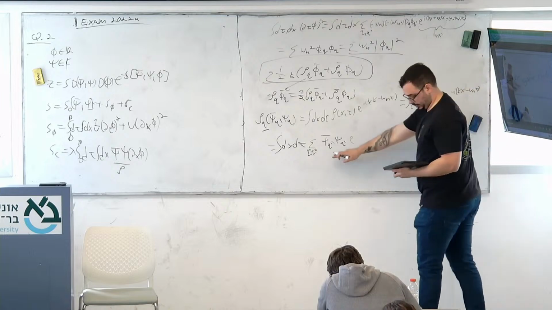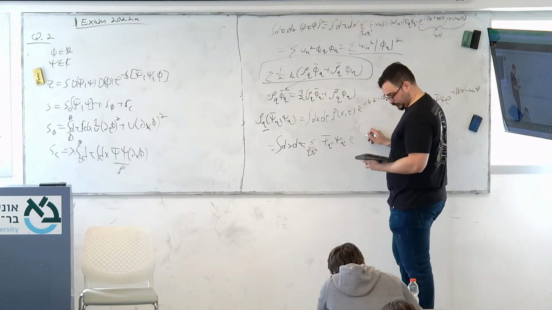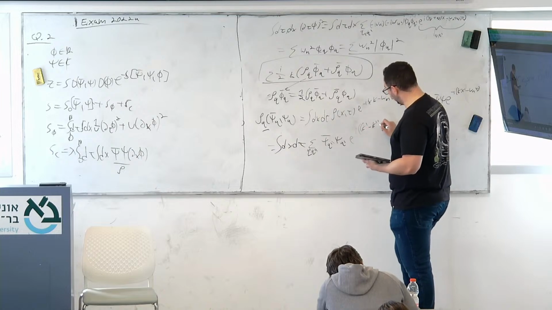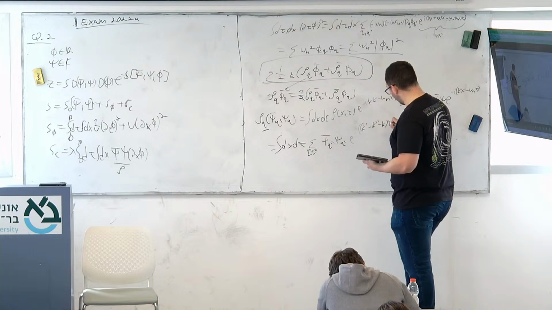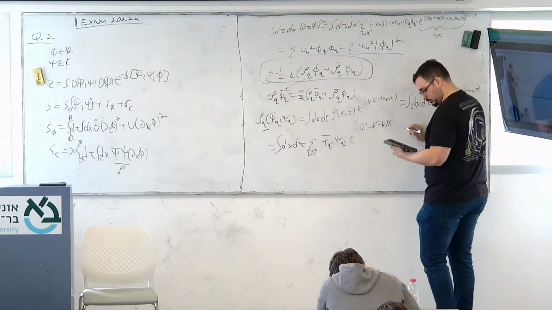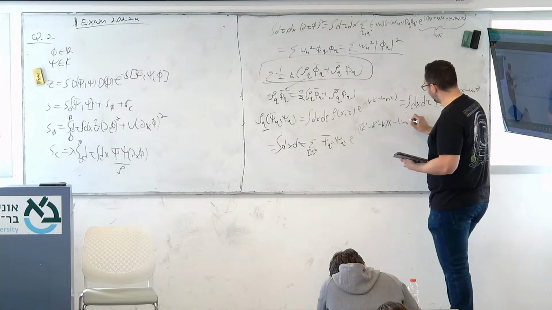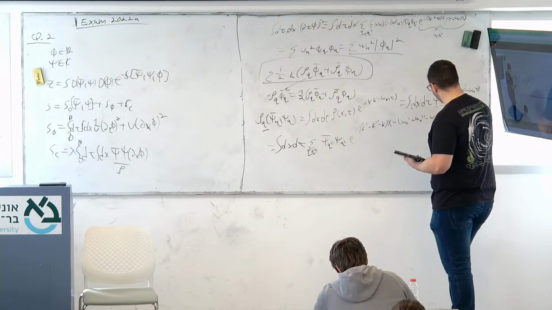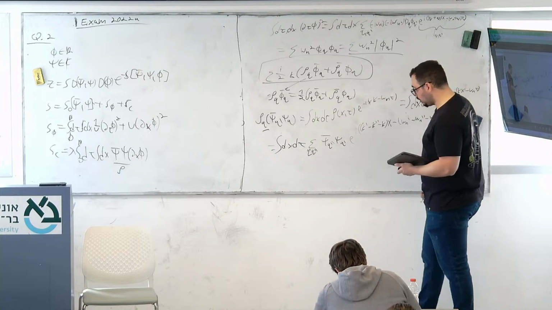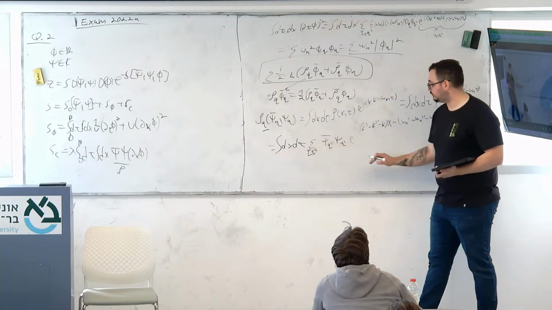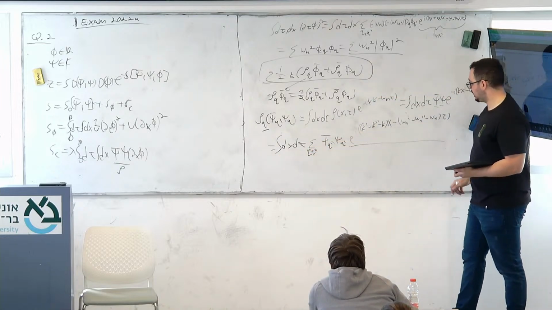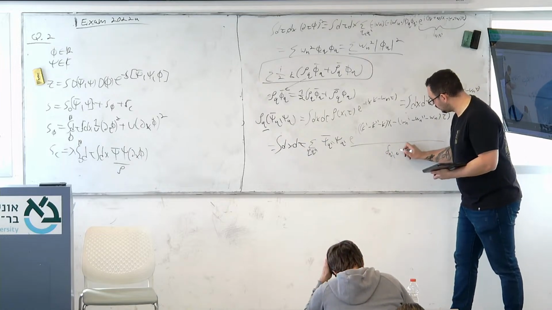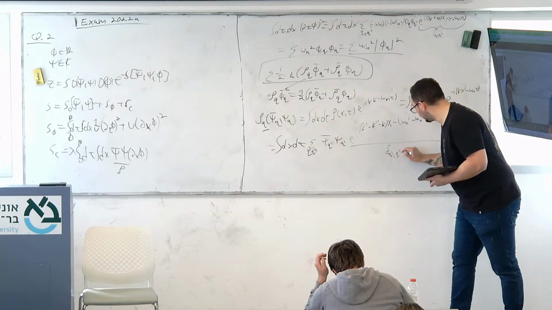The exponent coming from here is i (k tag minus k double tag minus k) x minus (omega n tag minus omega n double tag minus omega n) tau. Again, you can take this integral all the way to the exponent. This one will give us delta of q tag minus q double tag plus q.